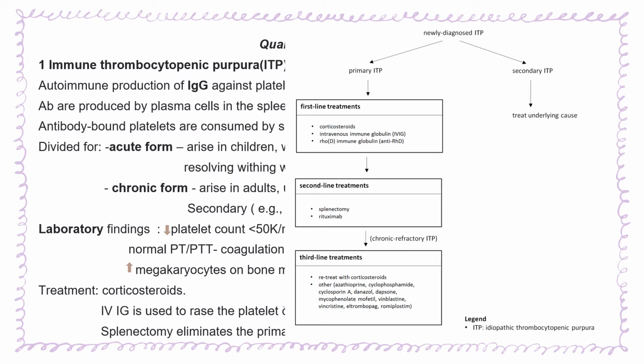First line therapy is corticosteroids, intravenous immune globulin and anti-RhD. Second line treatment is splenectomy and rituximab, and third line treatment is retreatment with corticosteroids and other kinds of experimental drugs used.